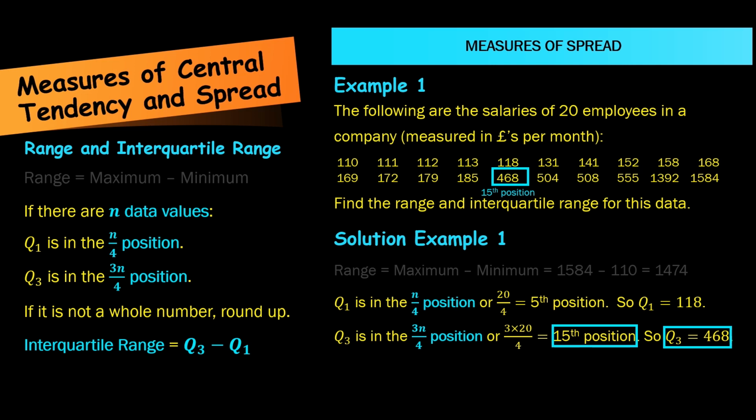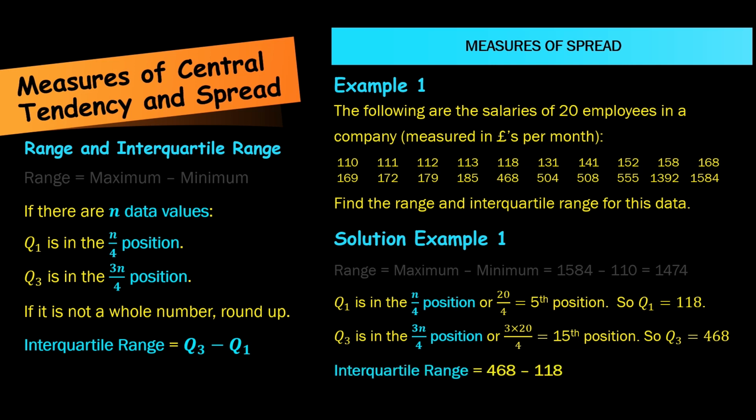And so Q3 equals 468. Therefore, the interquartile range is 468, which is Q3, minus 118, which is Q1. And this is equal to 350.